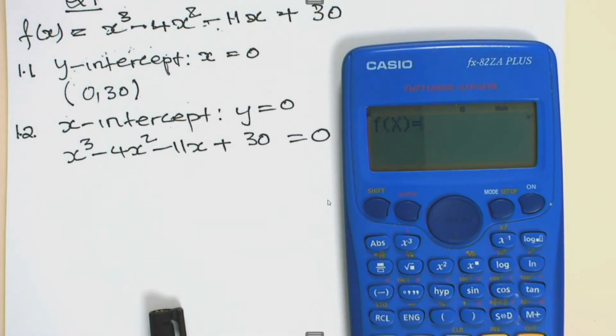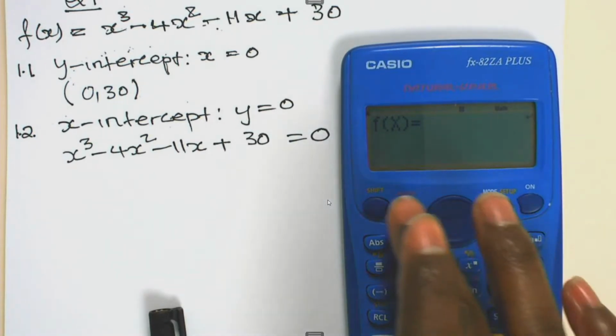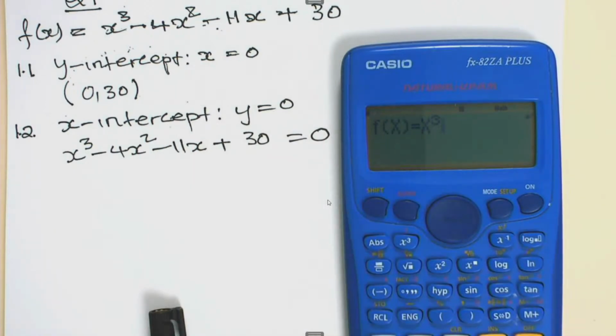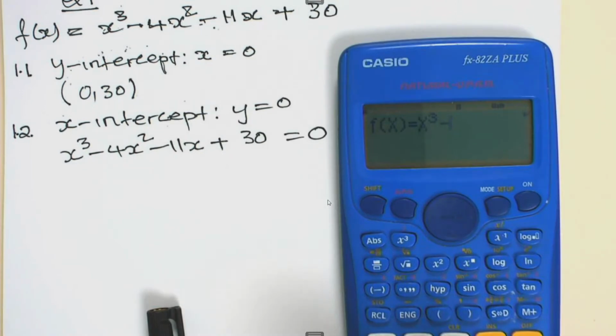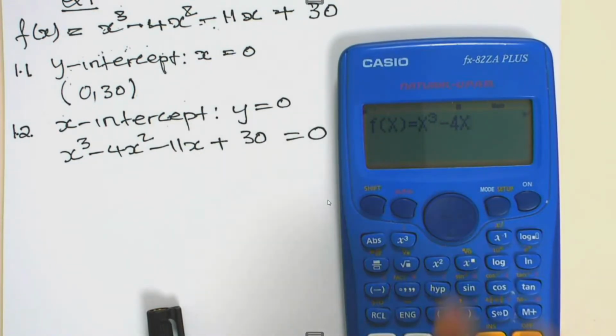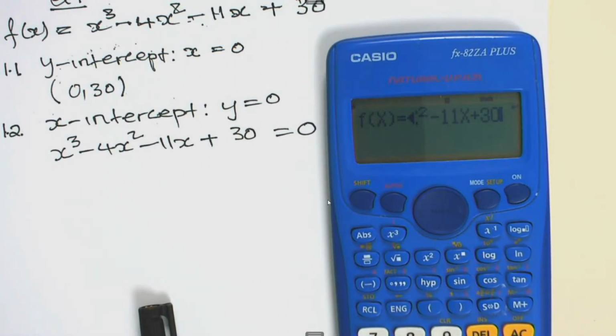Then you punch in the function: x cubed minus 4 alpha x squared minus 11 alpha x, and then plus 30. This is our cubic function.